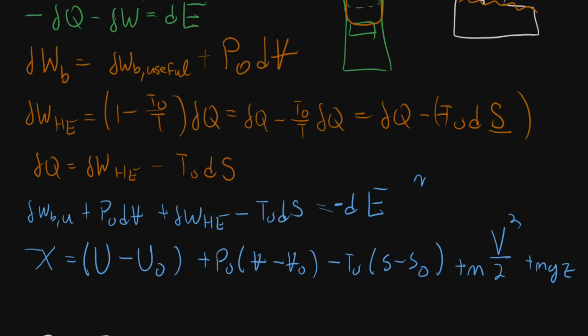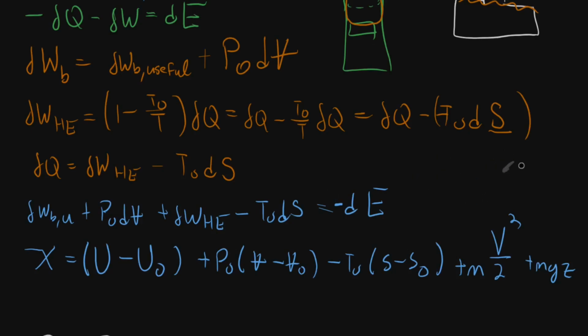Normally I would have an m times a V squared final minus a V squared initial all over 2, but we're saying that the final here is going to be 0. And because I have a negative dE, this negative sign is going to cancel out. It's the same thing for our potential energy. Normally we would have an mg delta z, but instead we're just going to write it like this.